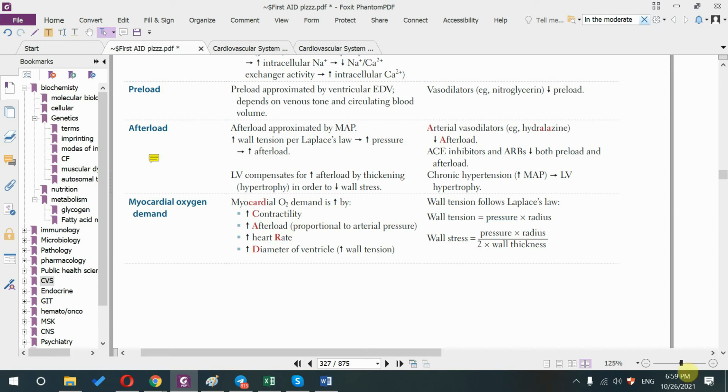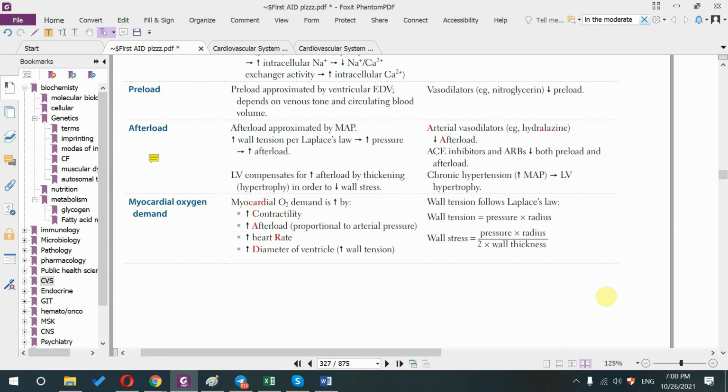Finally, the wall stress will equal the pressure multiplied by the radius divided by 2 multiplied by the wall thickness. So what is that? If you have more wall stress, you will have more myocardial oxygen demand. So the pressure and the radius, we already know these two. But what about 2 times the wall thickness? So if you have more wall thickness, initially you will need more oxygen, guys.